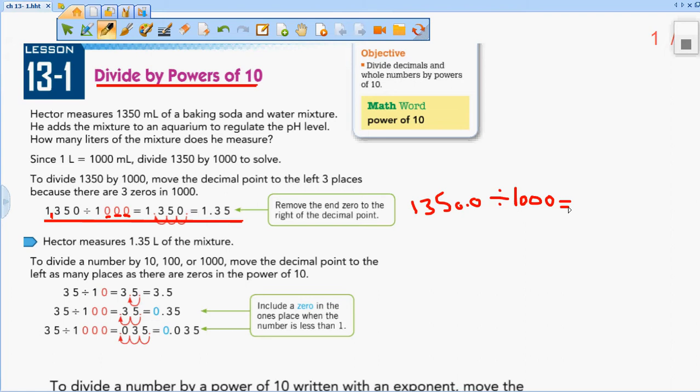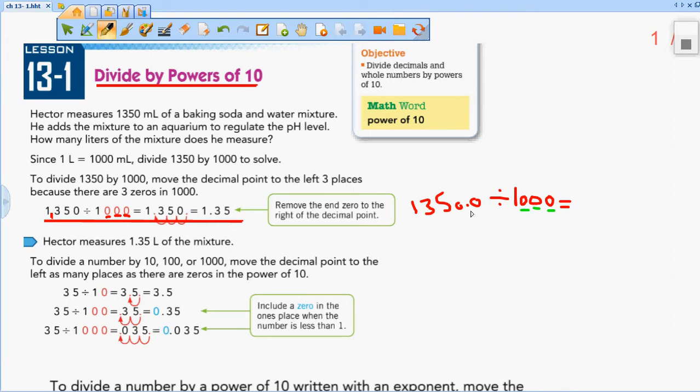Again, I told you if I want to divide by powers of 10, we have to move the decimal point to the left side, depending on the number of zeros. We have to calculate the zeros here. So here I have 1, 2, 3 zeros.